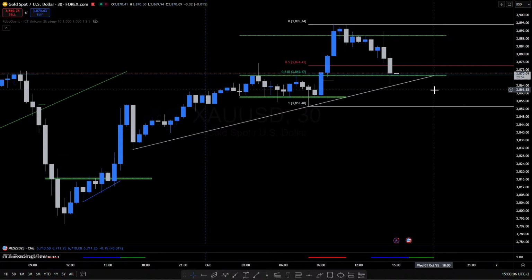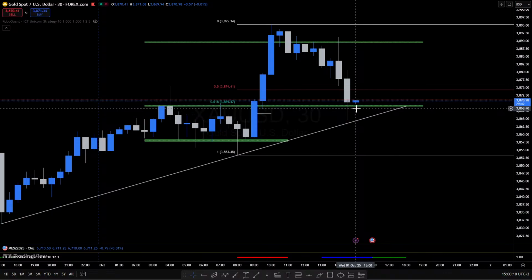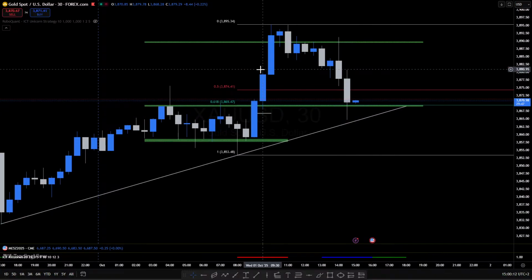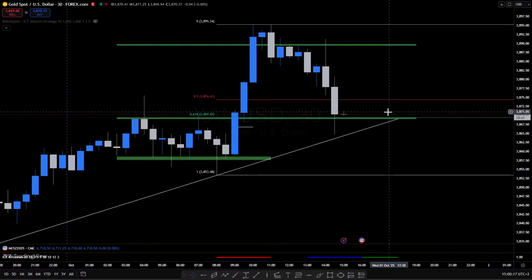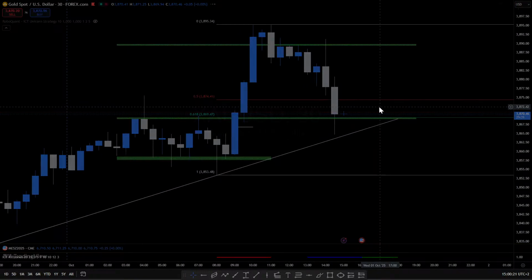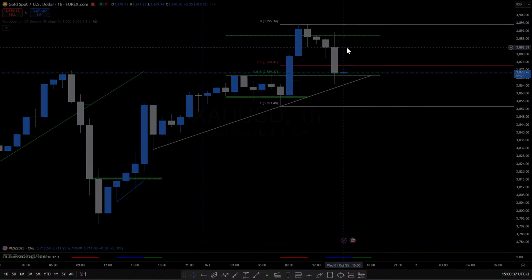So this might also be possible to come and touch around right here. But let's see how it will behave. The 1 hour is already finished. Let's see how it closed. As we see, the 1 hour closed above the range. So to make a little retracement around here and then bounce back is mostly welcome to be happening.